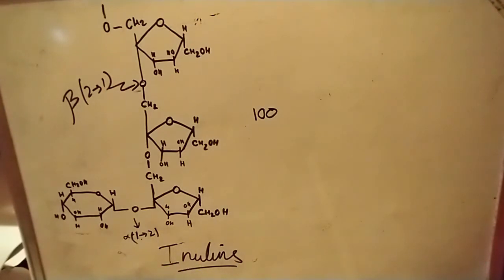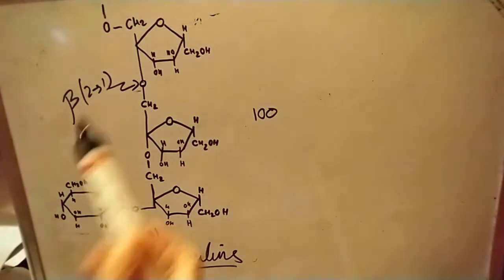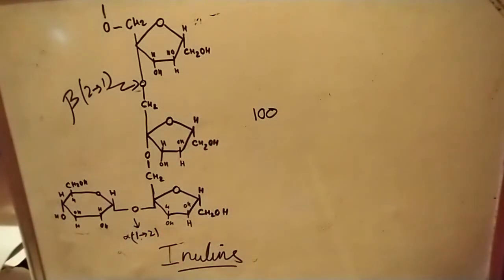Now, inulin is a homoglycan involving only fructose residues, and these are small polysaccharides, usually with less than 100 residues, about 60 fructose residues. Inulin is the storage product in some plants which do not store food as starch.